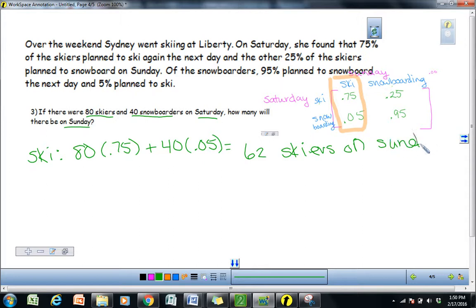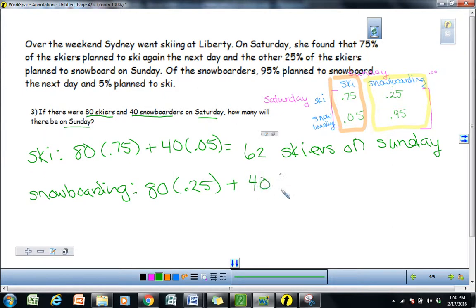Now I have to do the same thing for snowboarding. Let's do yellow. So now I'm looking here, because again, I'm looking for Sunday. The biggest thing for this section is labeling everything. So for snowboarding, I start with my skiers: 80 skiers times 0.25, because 25% of them are going to snowboard, plus 40 snowboarders times 0.95.